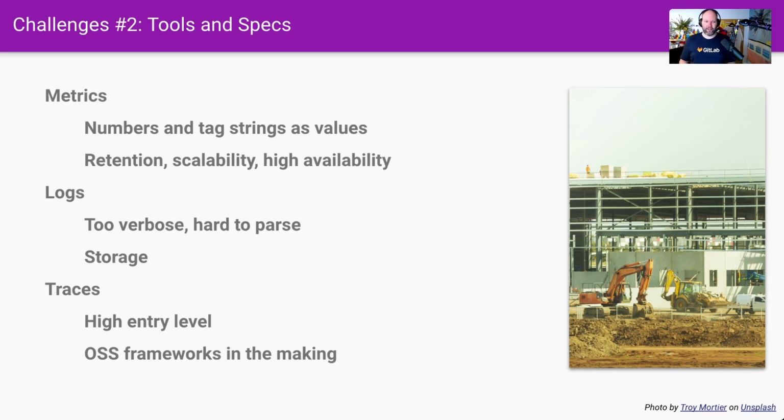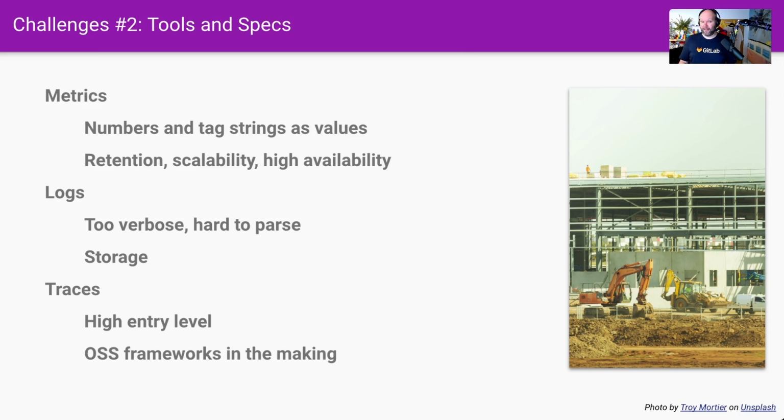Another challenge from the tools and specs perspective is what do we actually want to measure in a CI/CD pipeline? One thing is to think about metrics, like numbers and text strings as values, how to store them, how to do retention with them, deleting certain older metrics which we don't need in a high cardinality.